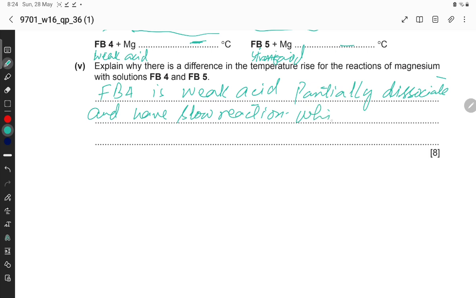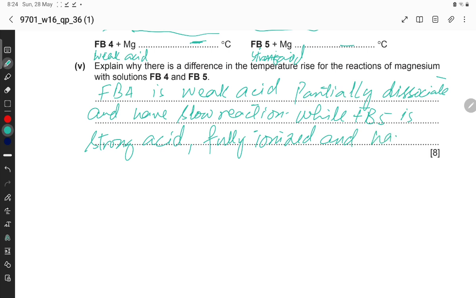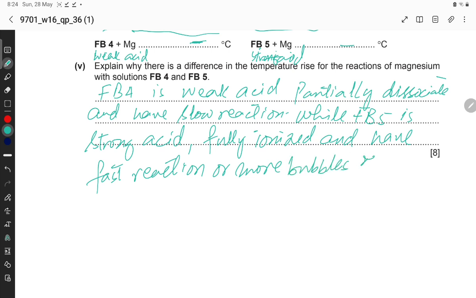While FB5 is a strong acid, fully ionized, and has a fast reaction, or more bubbles of gas, hydrogen gas.